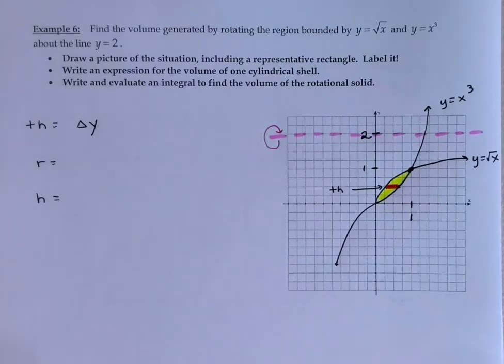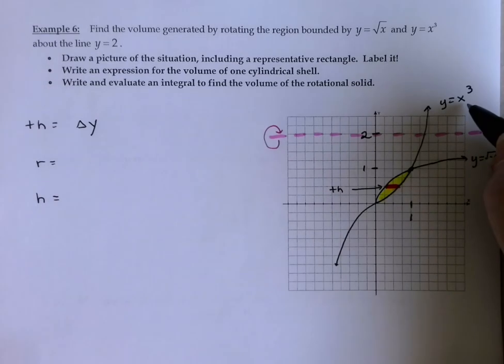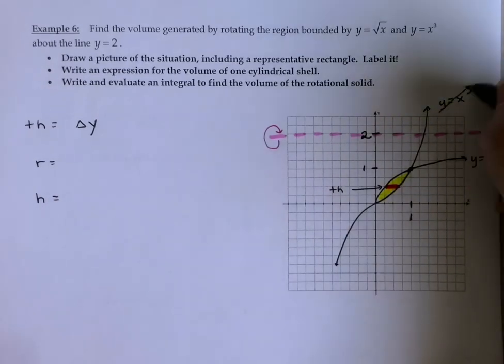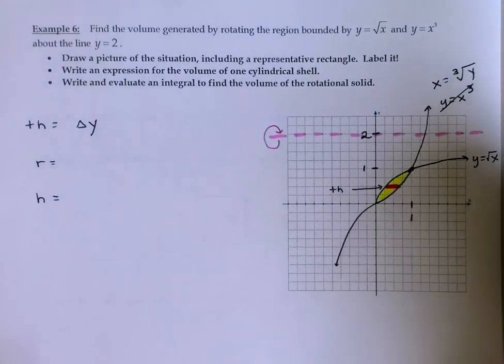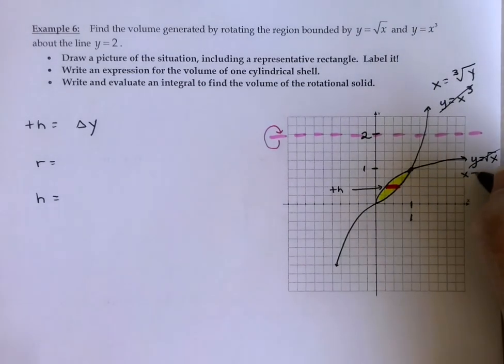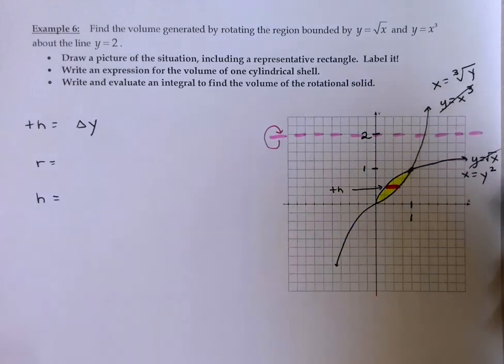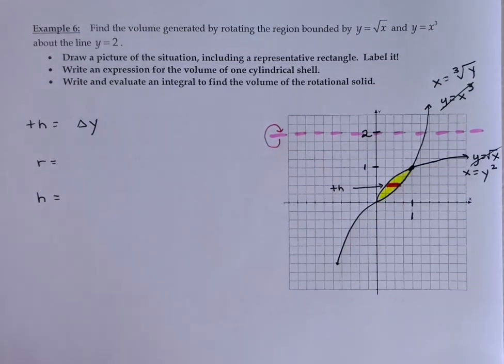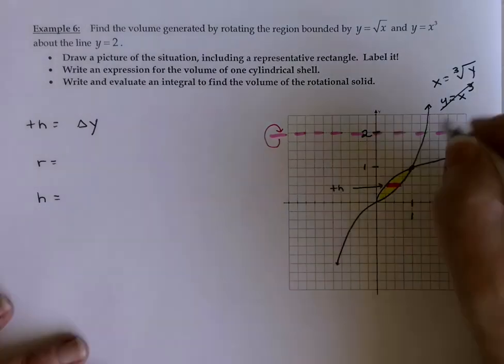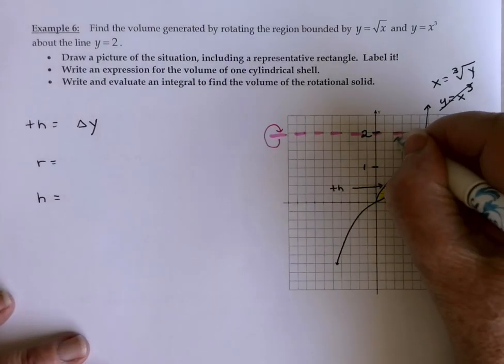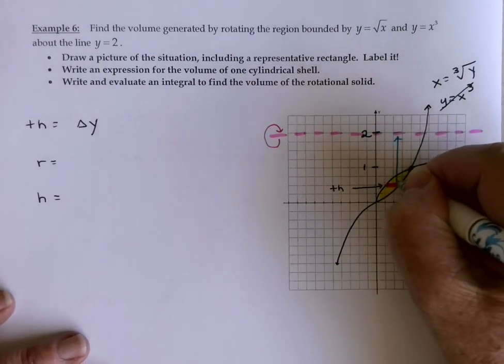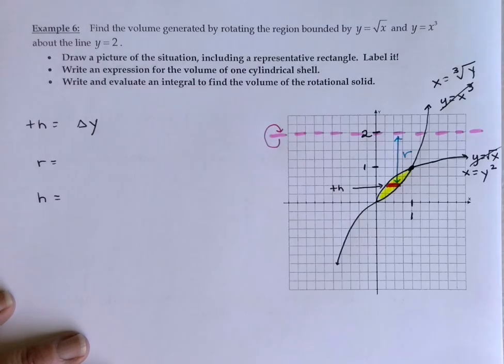All of this combined tells me I still need these solved for x, so x is a function of y, so I'm going to go back to that. X was the cube root of y, and x is y squared. All right, it's the radius this time that we're going to have to be a bit careful with. Radius goes from the axis of rotation to the rectangle.